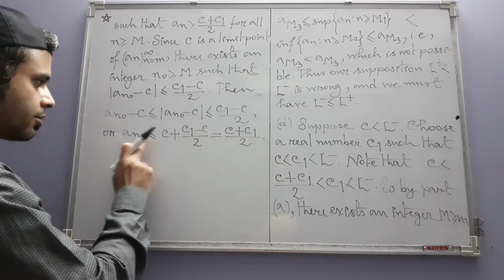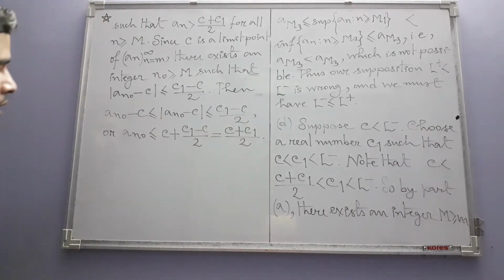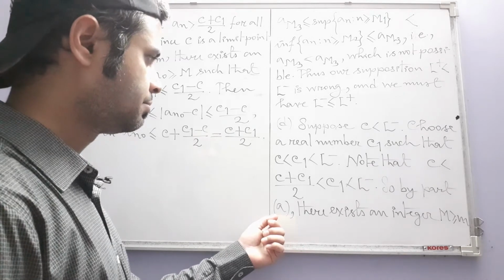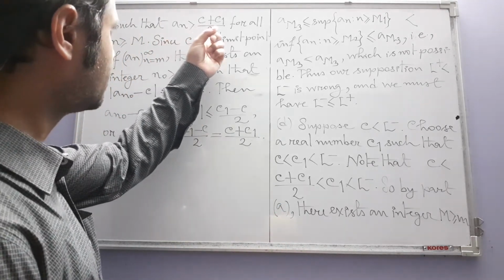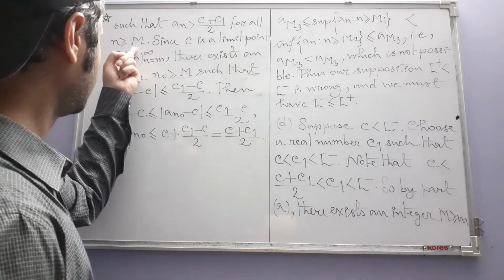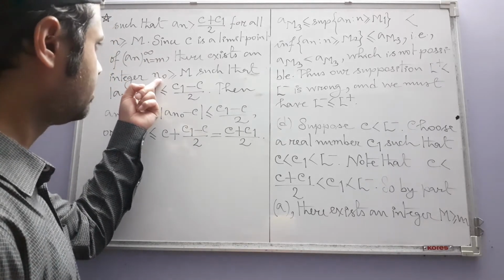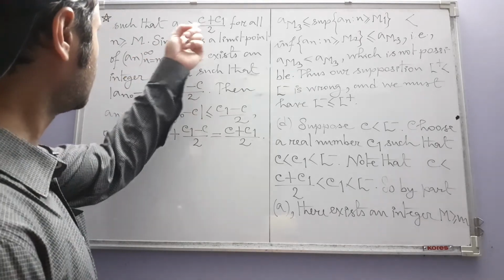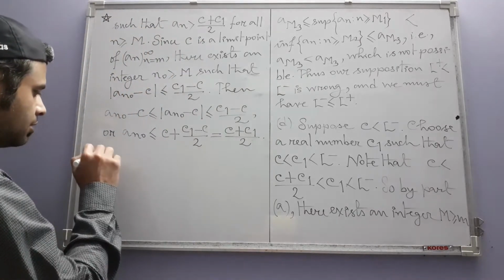So an naught is less than or equal to c plus c1 divided by 2. However, at the same time, we have this fact also: an is strictly greater than c plus c1 divided by 2 for all n greater than or equal to m. And because our choice of n naught is like this, this inequality is also true for n naught.